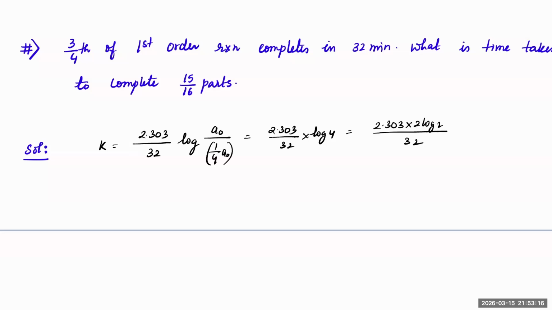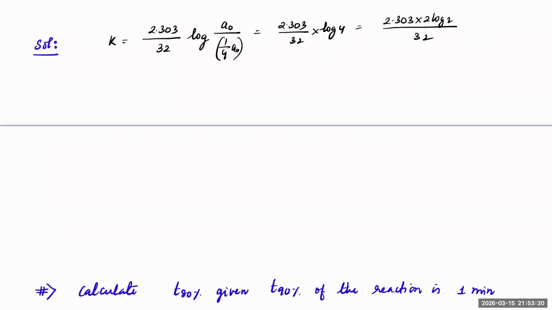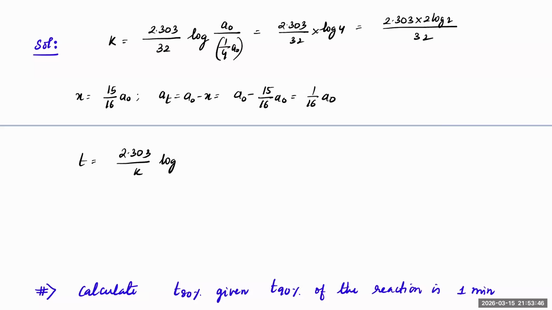Okay. Now, what is the time taken for 15 by 16 parts? So check out. Time taken will be equal to 2.303 by K log of, now listen up. If X consumed is 15 by 16 parts of A naught, then At will be equal to A naught minus X, which is A naught minus 15 by 16 times of A naught, or 1 by 16 times of A naught.